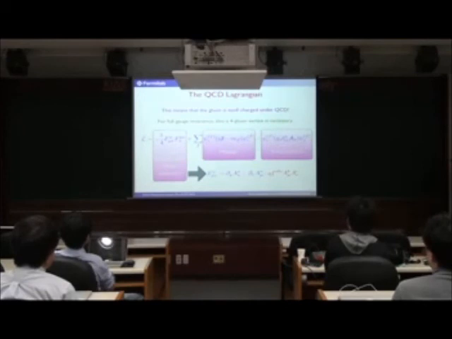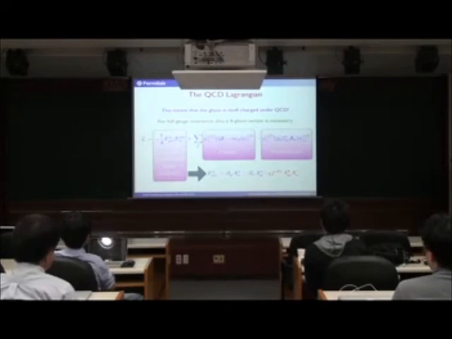To have full gauge invariance, actually, if we calculate the gluon-gluon to gluon-gluon scattering, we see that we also need a 4-gluon vertex. So QCD is much more complicated than QED. You have 2 more vertices, which are the 3-gluon and the 4-gluon vertex. And this can be summarized as the QCD Lagrangian, which is written like this.